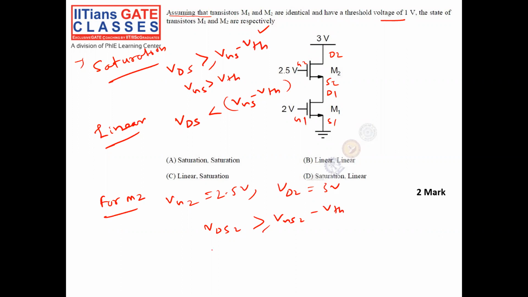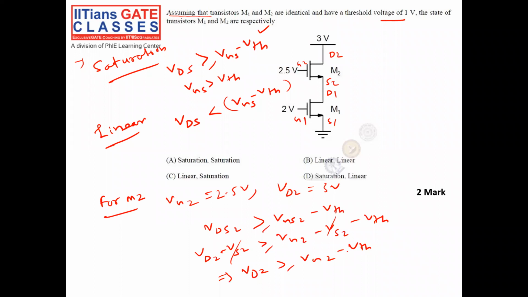VGS2 is nothing but VD2 minus VS2, which should be greater than or equal to VG2 minus VS2 minus VTH. So VS2 gets cancelled. So M2 will be in saturation if VD2 is greater than or equal to VG2 minus VTH.